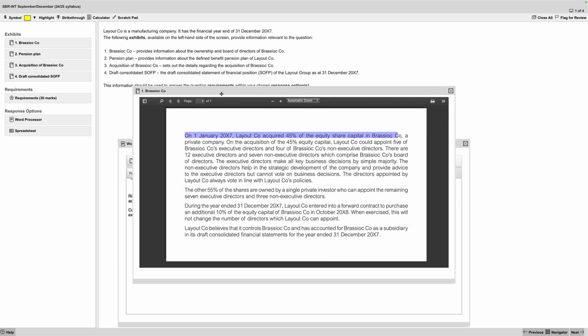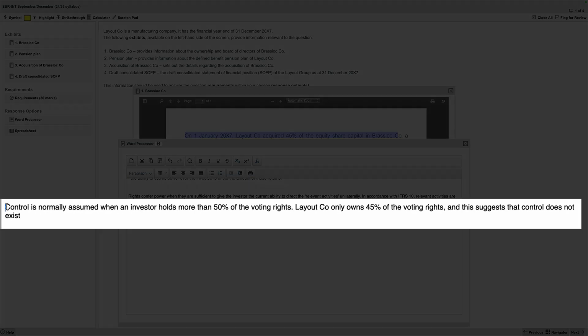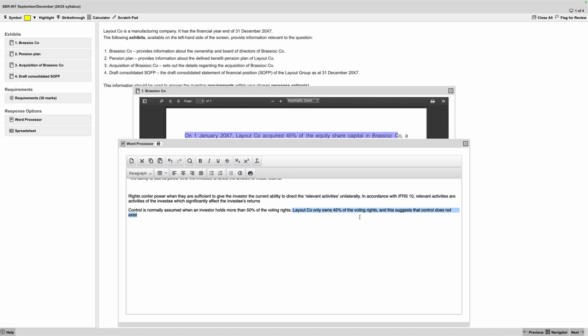Does holding 45% give us power? Obviously you think, no, it doesn't, because we're the minority. Let's just see how the examiner answered that. Control is normally assumed when an investor holds more than 50% of the voting rights. Layout only owns 45% of the voting rights, and this suggests that control does indeed not exist. In your own words, what could be simpler?